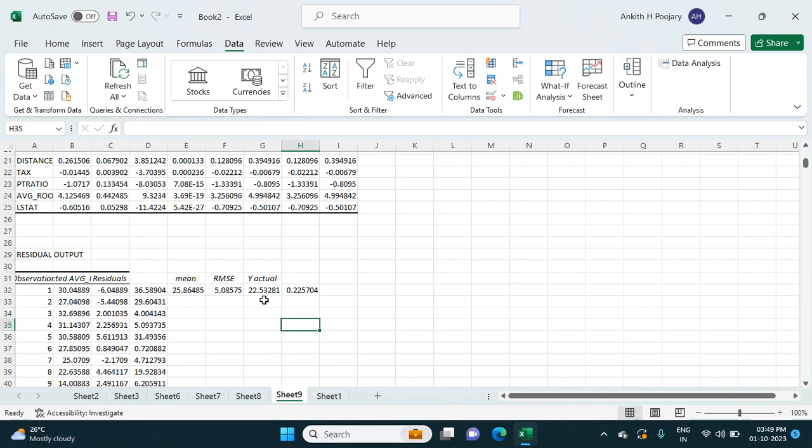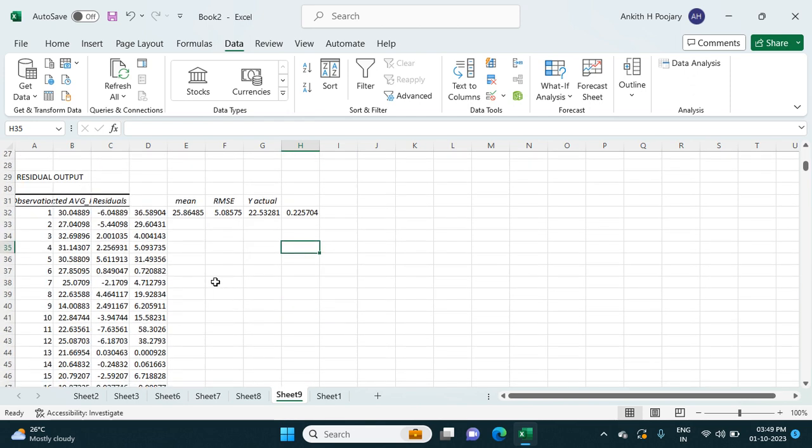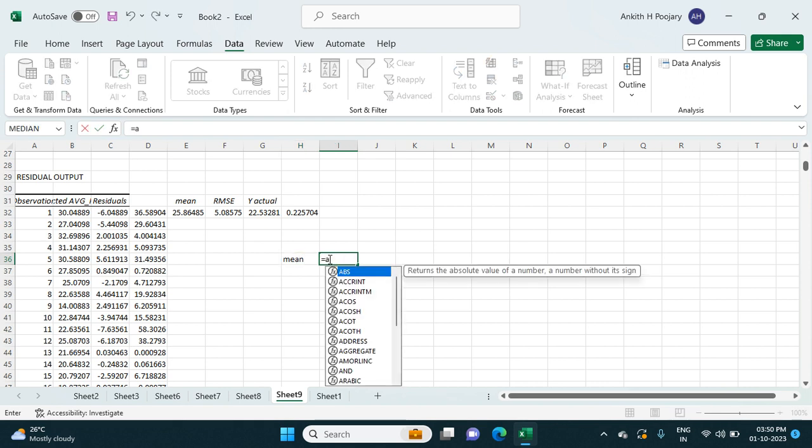The actual error means the average of the dependent factor. Then you have some conditions to be fulfilled about the residual. The mean of the residual should be 0. Just check the residual you have here. The mean should be 0. First, the mean of the residual means average.